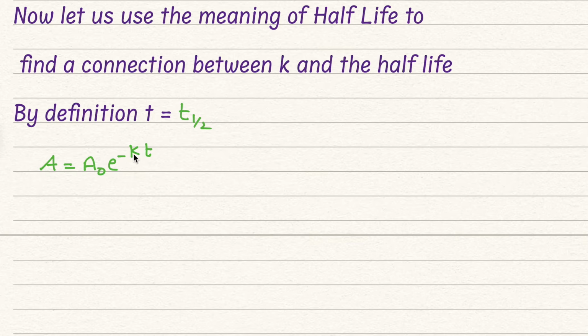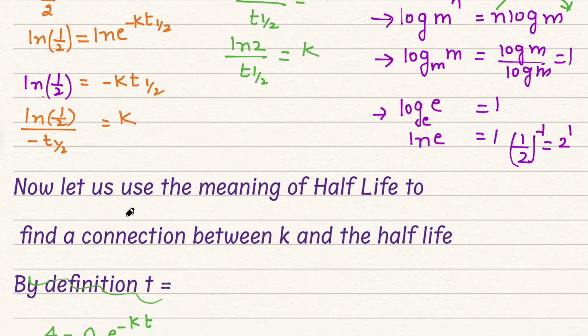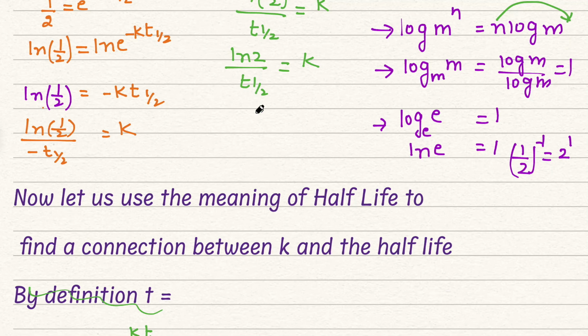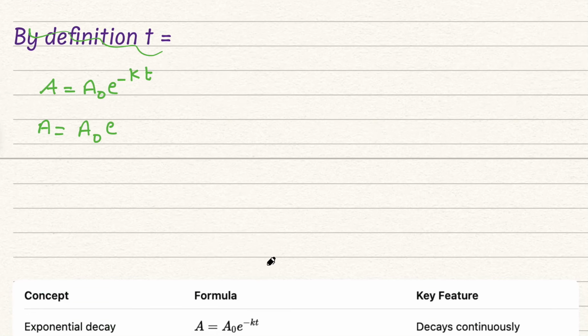So A is equal to A naught e to the power of negative ln 2 over half-life period, times t.